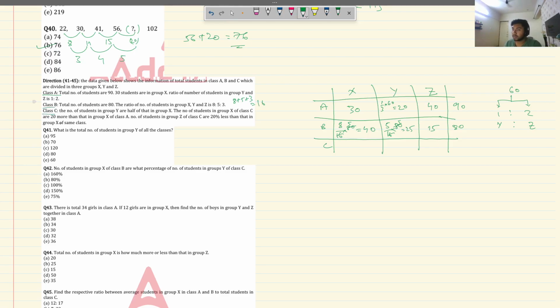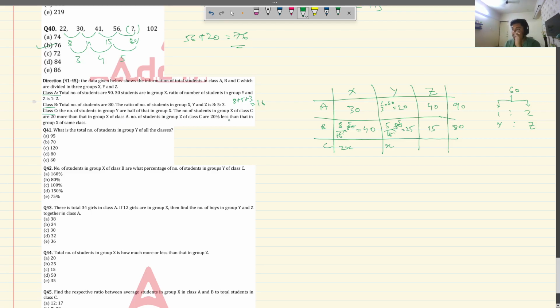And for class C, the number of students in group Y are half of that in group X. So if I have 2x students in group X of class C, in group Y we have only half of that, that is x.